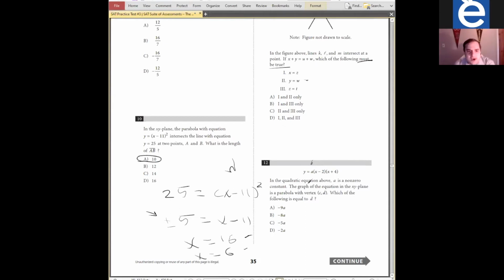So it's telling us that this is our vertex, and it's asking which of the following is equal to d. So that's our x, and that's our y.